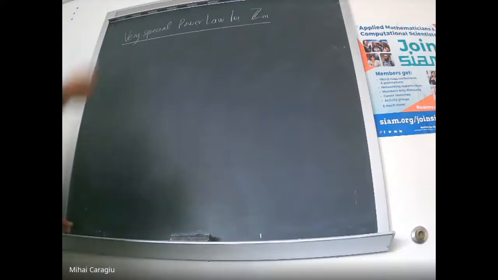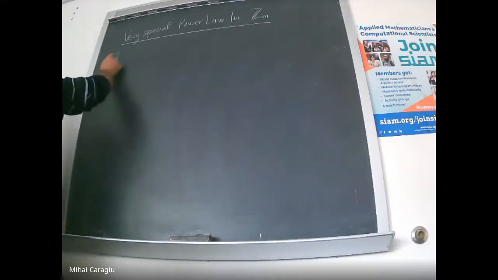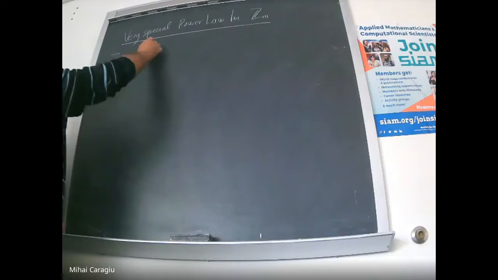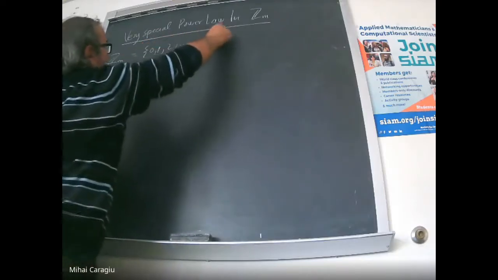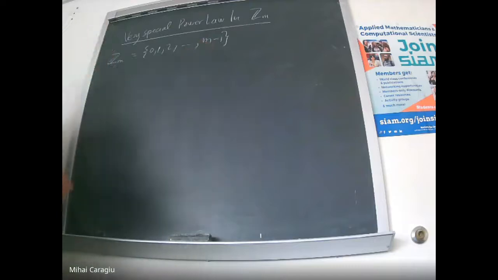Zm is, like always, the set of all integers modulo m. So 0, 1, 2, up to m minus 1, which are all possible remainders that we can get when dividing by m.